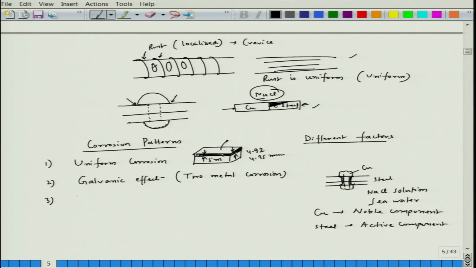third is basically we have another corrosion pattern which is called de-alloying. So, de-alloying, I have mentioned this just after galvanic effect.